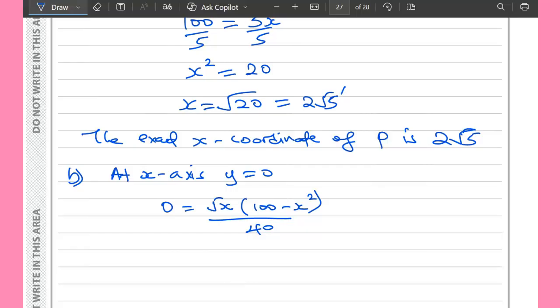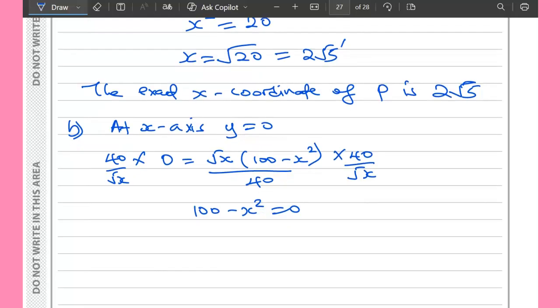So here we can get rid of root x by multiplying both sides by 40 over root x. So therefore we'll say that 100 minus x squared is equal to 0. So in this case we'll have 100 equals x squared, and therefore x should be equal to 10.